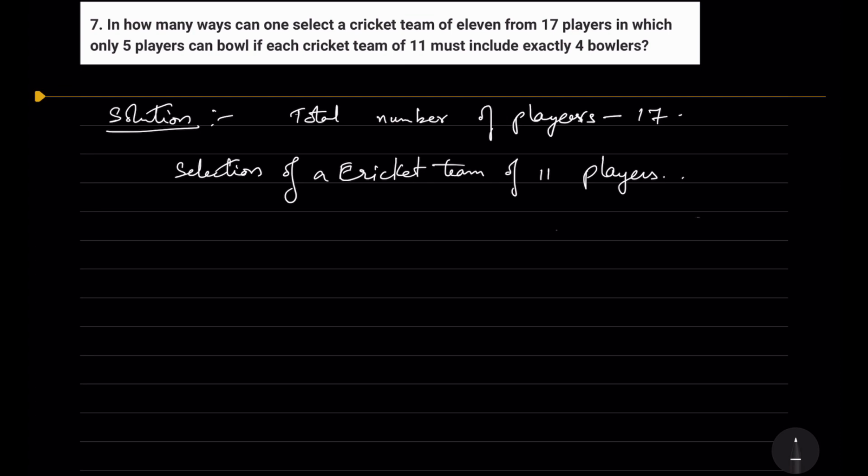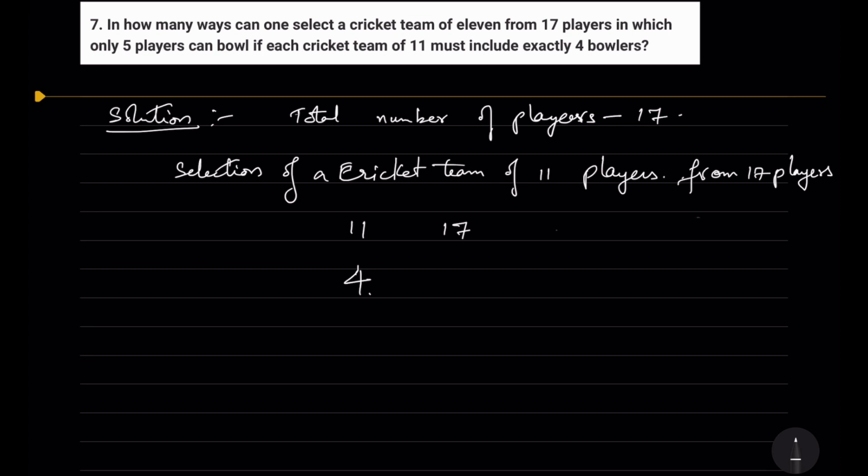So how are we selecting these 11 players? It is given that only five players can bowl, and each cricket team of 11 must include exactly 4 bowlers. So in the team of 11 which we are selecting, 4 should be bowlers.